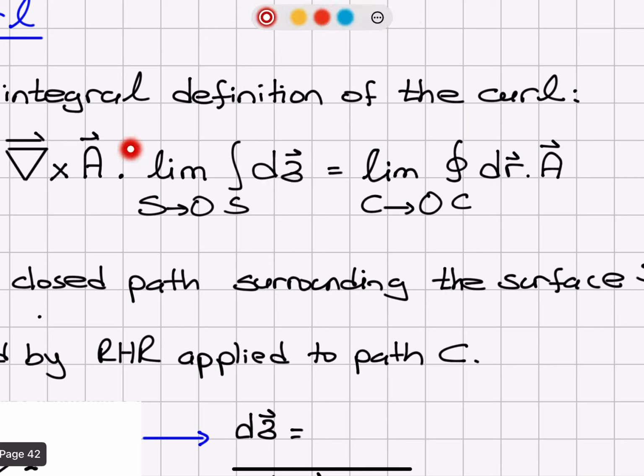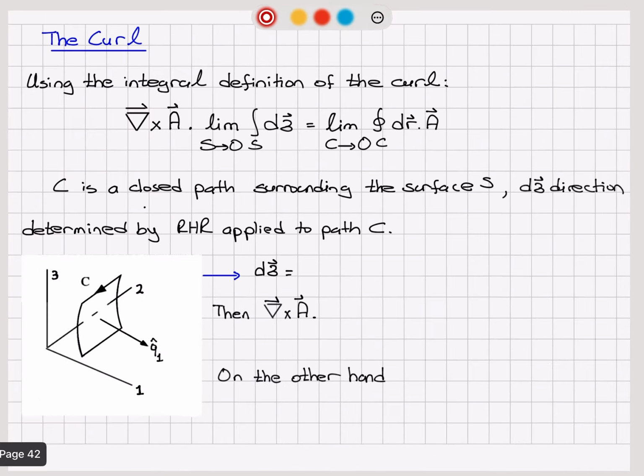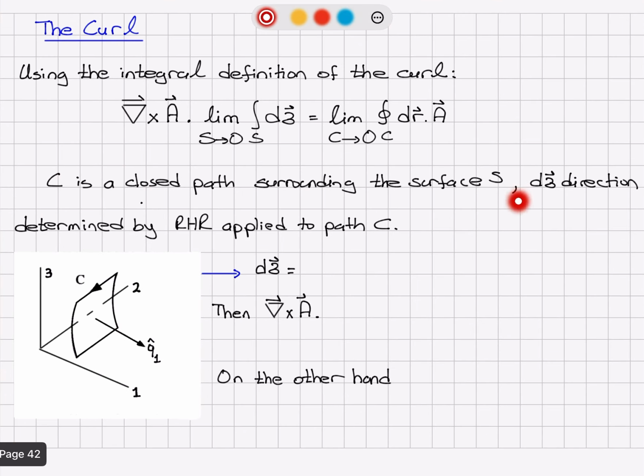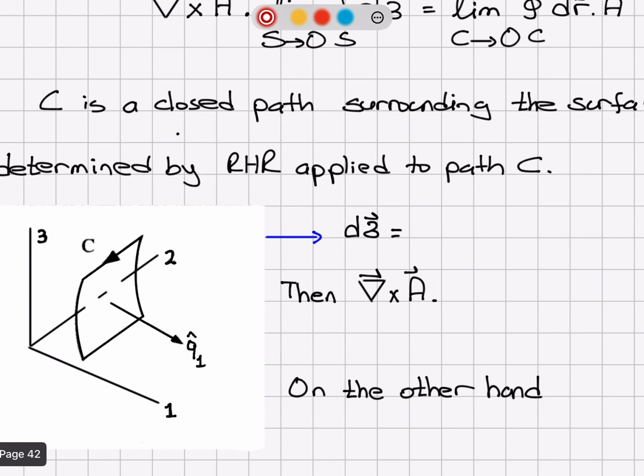And if I take the dot product of curl A with this, I get the integration on the right hand side. So C is a closed path surrounding the surface S, and d sigma direction is determined by the right hand rule applied to the path C. So for this path here, we are looking at Q1 hat and Q2 hat directions.